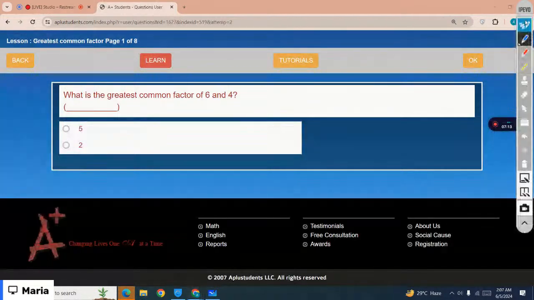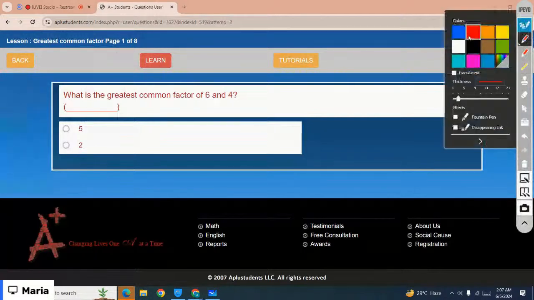First I'm going to write down the factors of 6. 1 times 6 is 6 and 2 times 3 is 6, so the factors are 1, 2, 3 and 6.